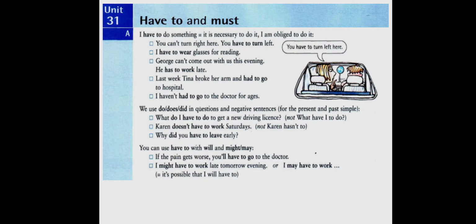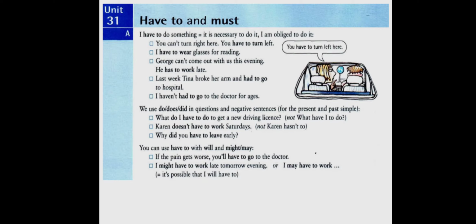Basically, if we speak of have to and must, I can say I have to study, he has to study, you have to study, they have to study, we have to study. And he is here singular, that's why we use has instead of have, so it becomes he has to study or she has to study.